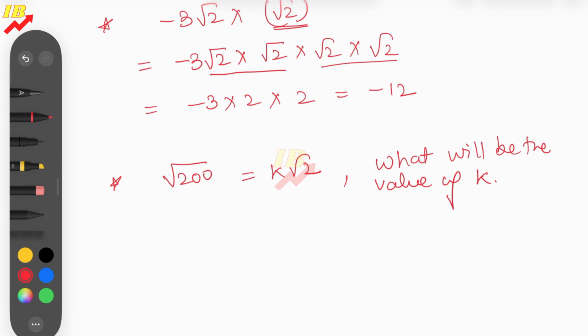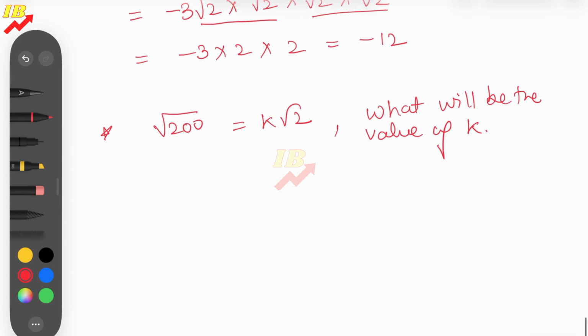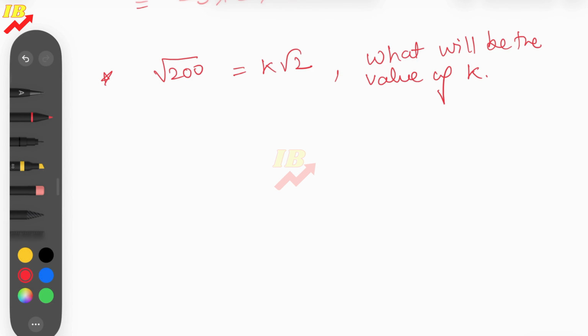Sometimes you can see these styles of questions in your MCQ tests and in your Olympiads, right? So it's better to take baby steps again, as I said already, if you don't understand how to split this 200. So I am going to take the factors of 200.